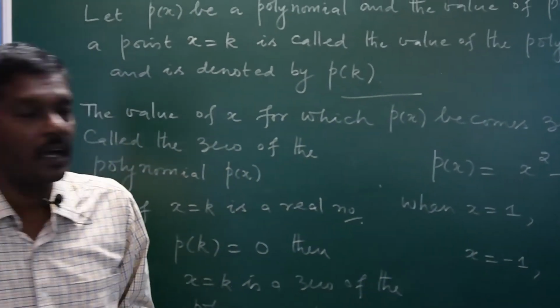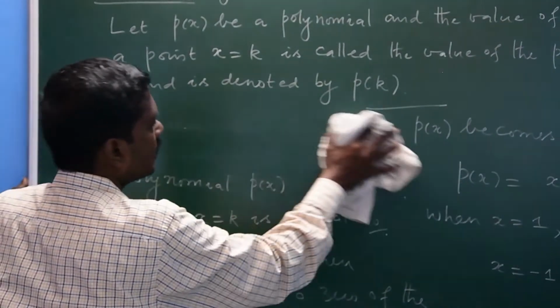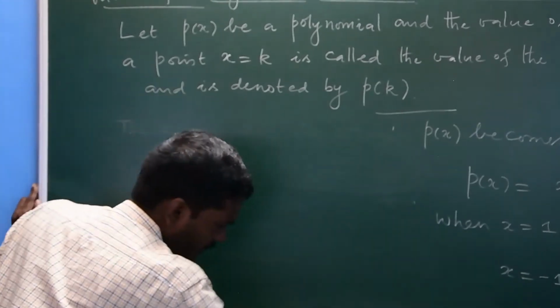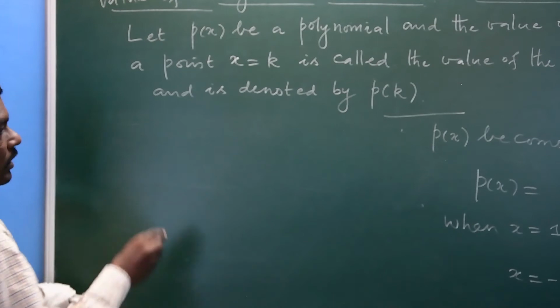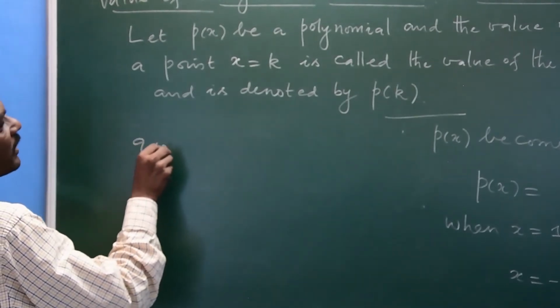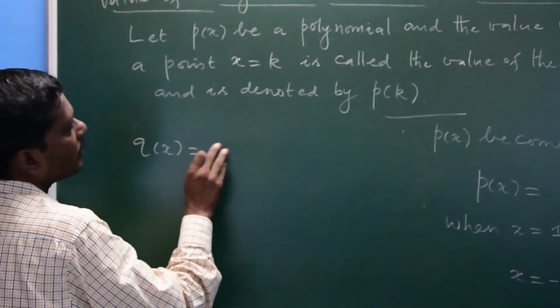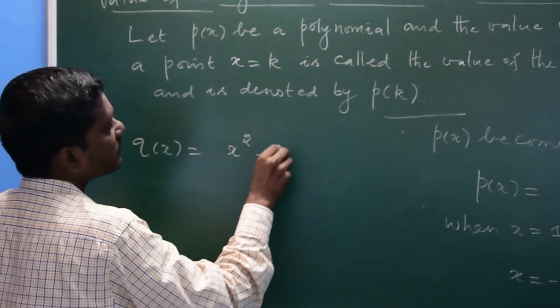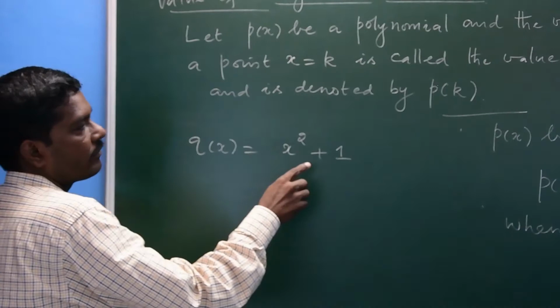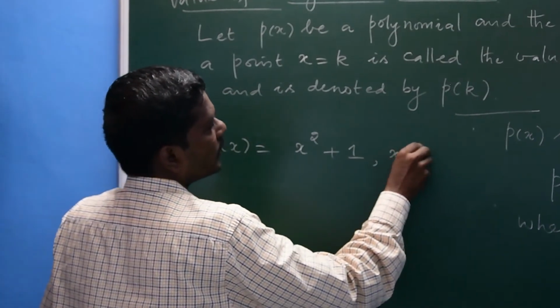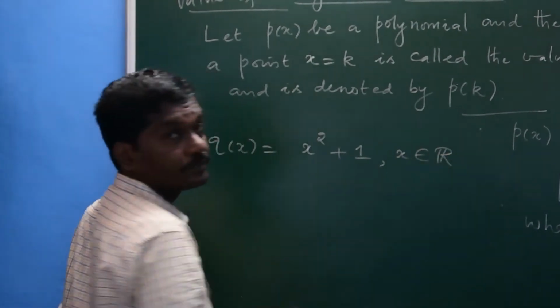Now we will give an example of a polynomial which does not have zeros at all. For example, you consider a polynomial x square plus 1, and you take x to be a real number.